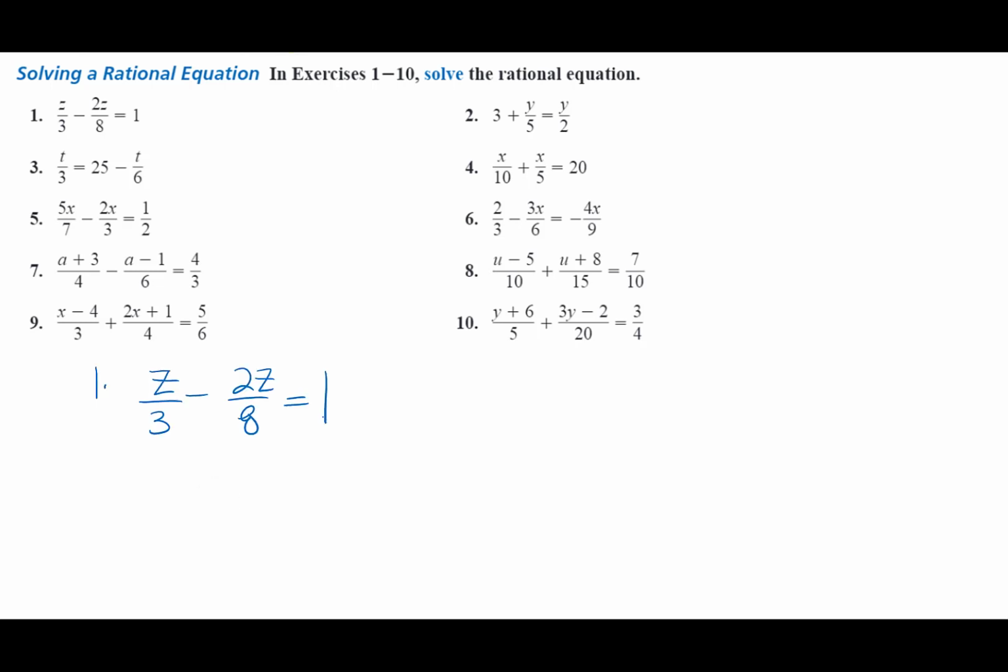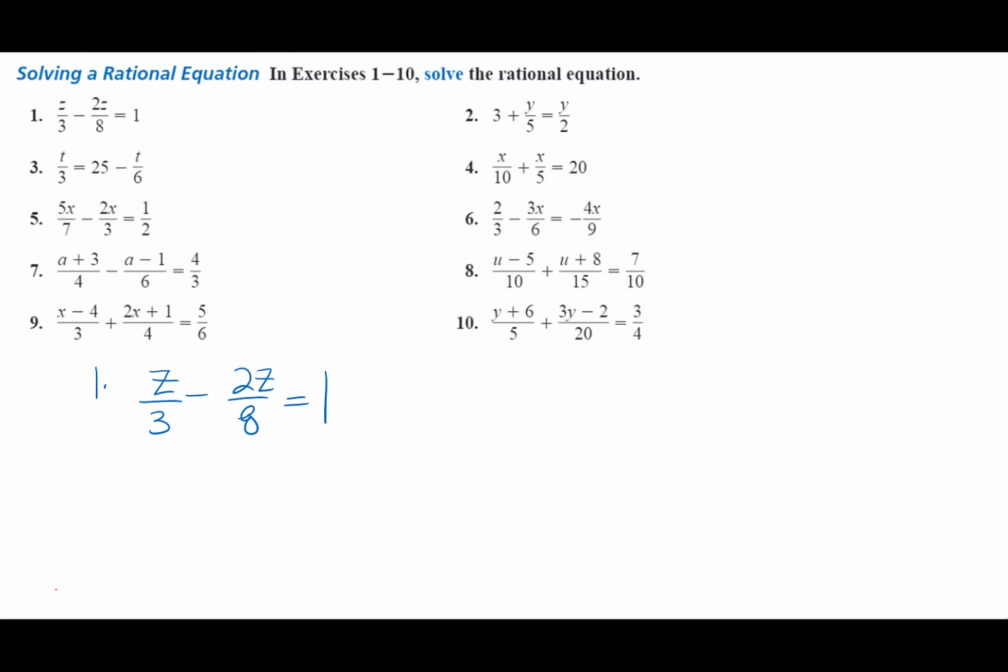Number one is z over 3 minus 2z over 8 equals 1. The first thing you need to do when you're solving these rational equations is to figure out what a common denominator would be, or you could use the phrase least common multiple. The denominators in this problem are 3 and 8.